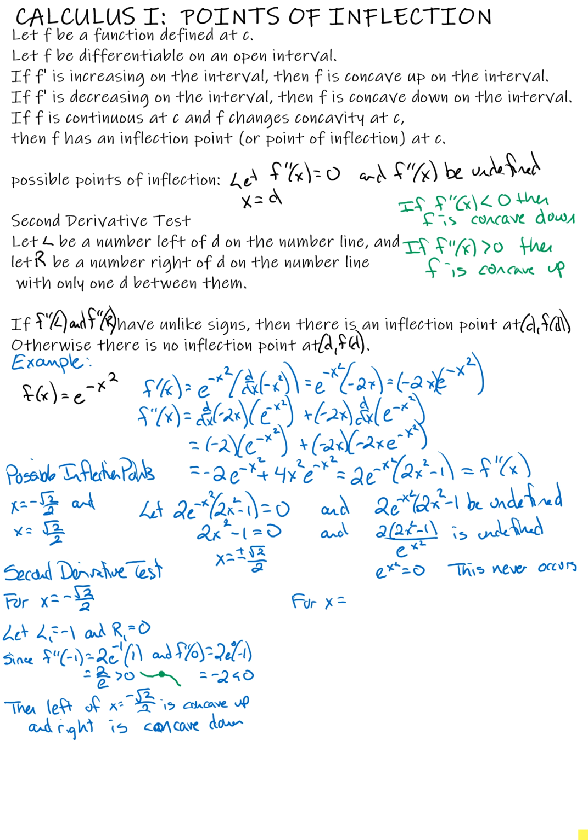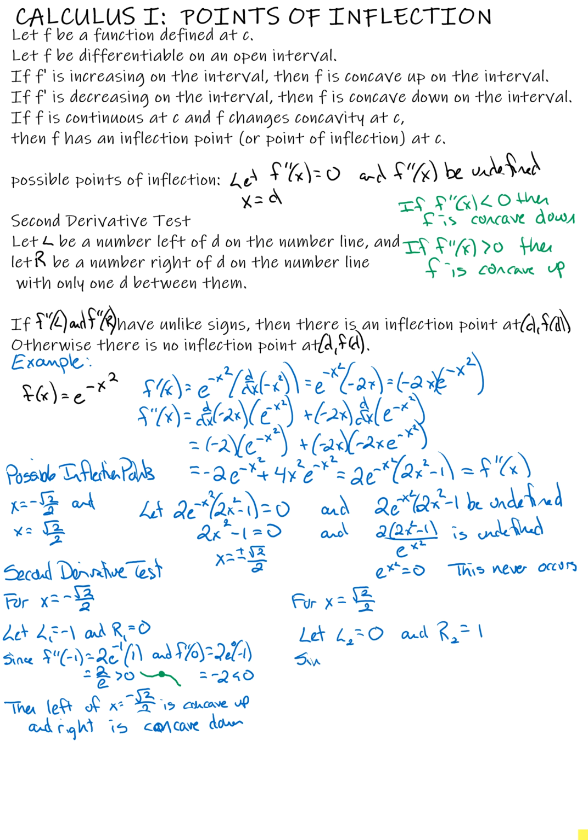All right, let's take a look now at the other point, at x equal to positive square root of 2 over 2. The numbers to the left and right of this I'll call L2 and R2. So let L2 be something smaller than square root of 2 over 2. I think 0 would work. And something to the right, something larger. Again, I think positive 1. Make sure you see that positive 1 is to the right of square root of 2 over 2 on the number line.